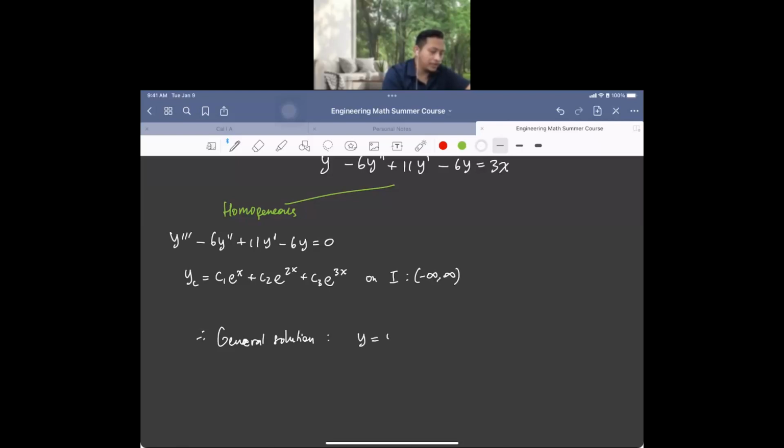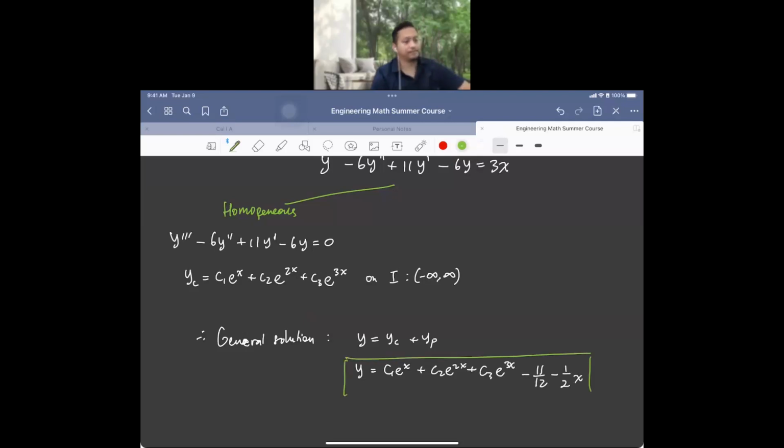Now the general solution is then yc plus yp. Slowly, we can see how to construct homogeneous and non-homogeneous solutions.